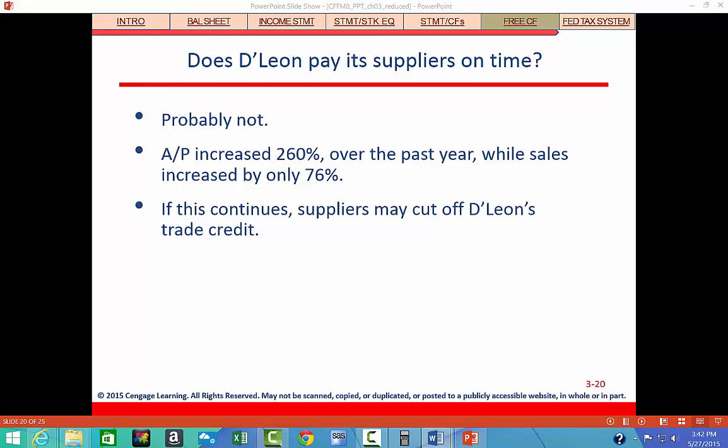You can see from its accounts payable balance that it increased by 260% from the past year, while sales increased by only 76%. Company records would show if they paid suppliers on time, and by not paying them on time, De Leon is straining its relationship with them. If they continue to be late, eventually suppliers will cut the company off and put it into bankruptcy.